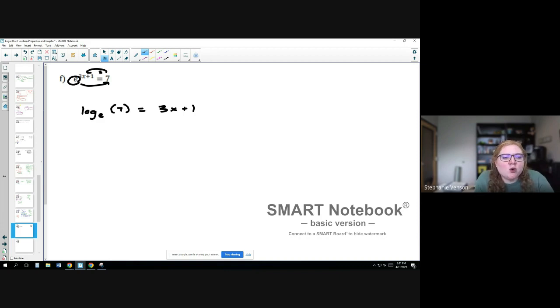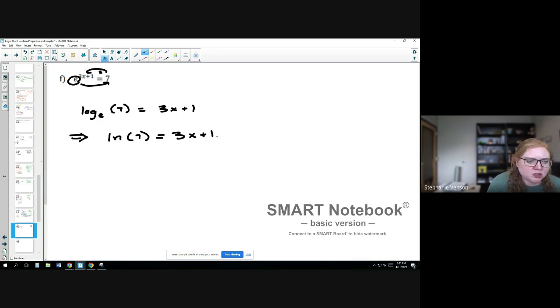And see, now we've rewritten that original exponential equation as a logarithmic equation. And we can solve that logarithmic equation because the x is now out of the exponent position. Now we know that log base e of 7 can also be written as natural log of 7. So we'll go ahead and write it that way. So we'll say natural log of 7 equals 3x plus 1.